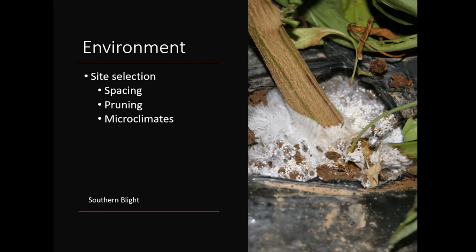This image is southern blight, and southern blight likes it hot, and it likes moisture. So in this black plastic condition, there's a lot more water, it's drying out more slowly, and of course it's hot under that plastic. So this black plastic created a microclimate for Athelia rolfsii, the name of the pathogen.